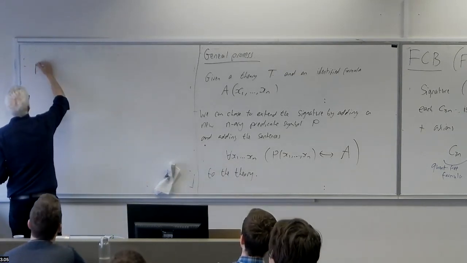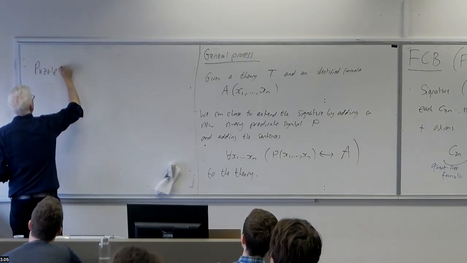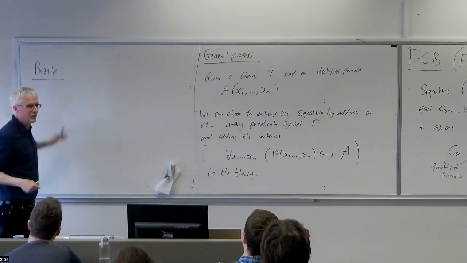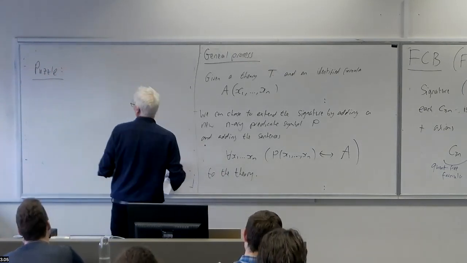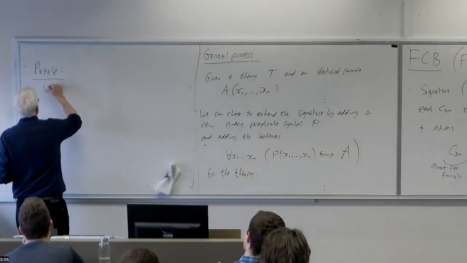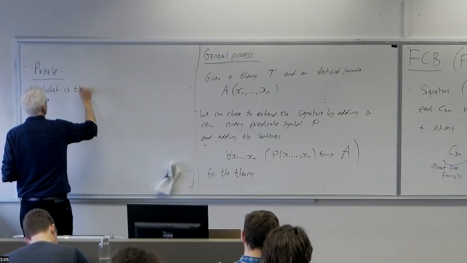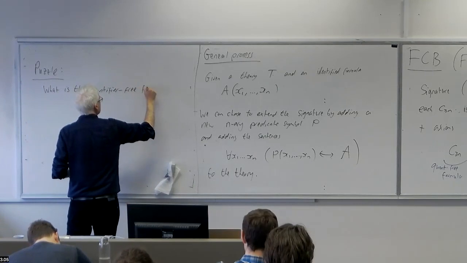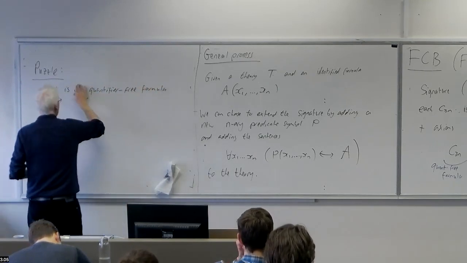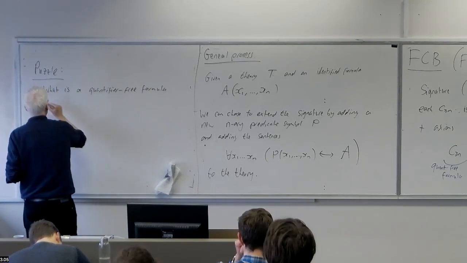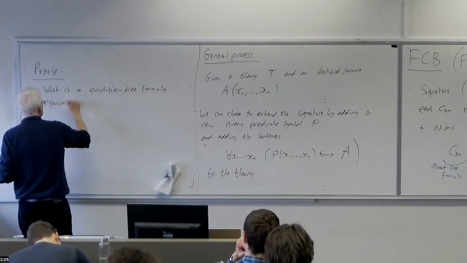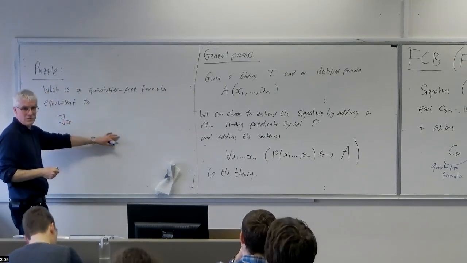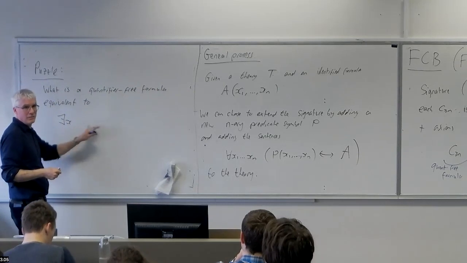So the puzzle for you to think about, if the lecture is going too slowly and you have some background cycles available in the back of your head, is: there are many possible, what is a quantifier-free formula equivalent to the formula exists x, so it's going to be a conjunction of literals all involving the variable x.